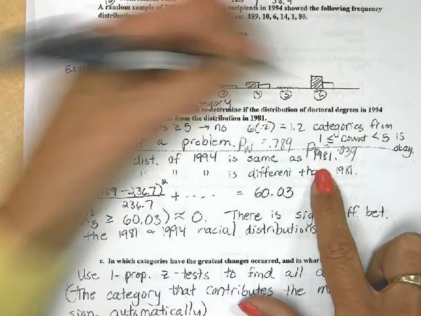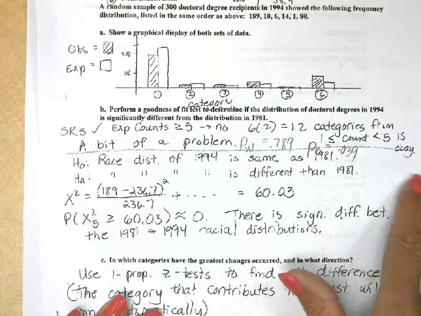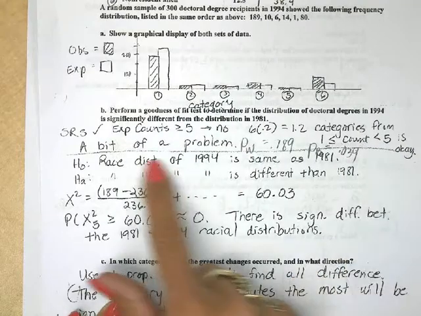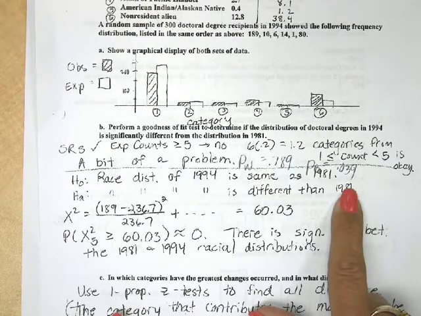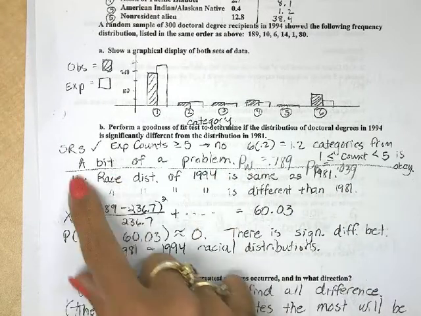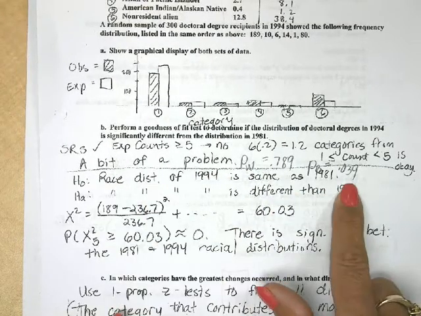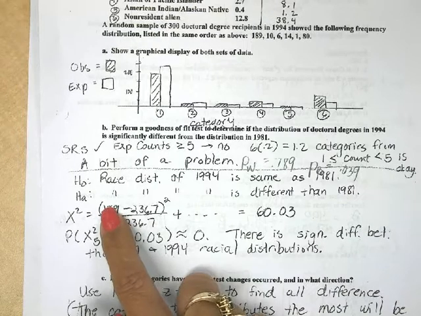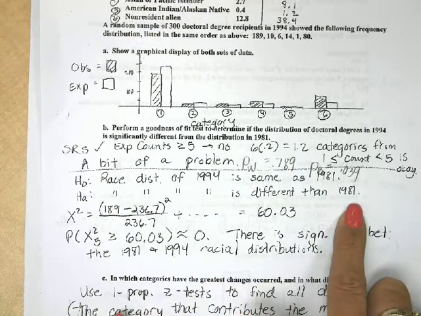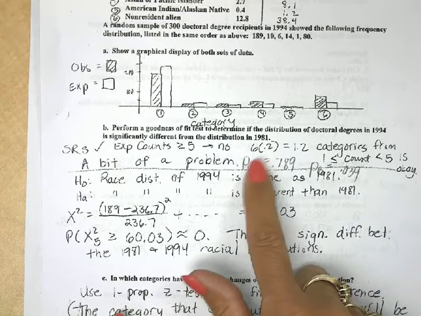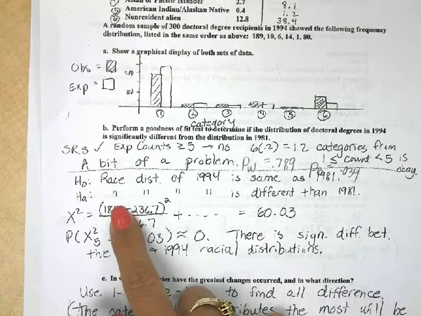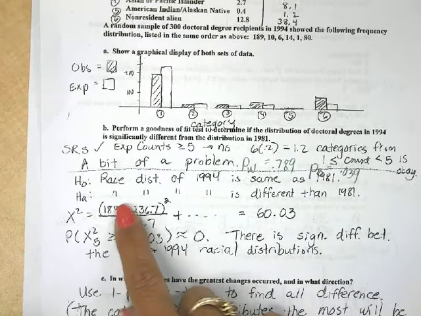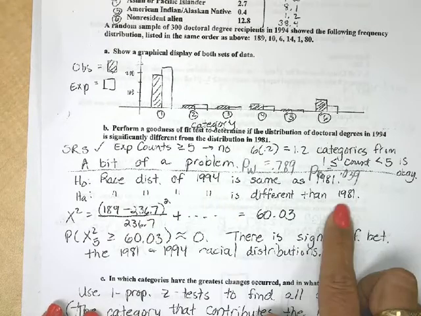I could have written down each of those different categories, but that's a lot of writing because each of those categories had different numbers. So I'm just putting down that the distribution has not changed. Alternately, not all those proportions are the same. Don't just write not equal to in each of these cases. You want to write something about the distribution being different and that at least one of them is wrong.